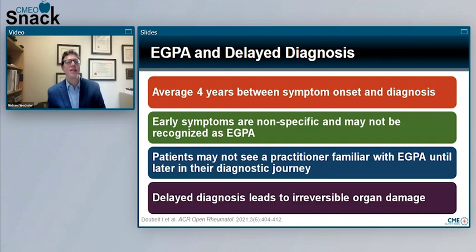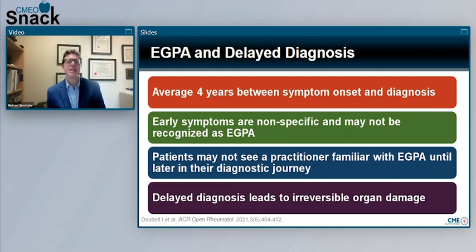Now, one of the things that we hear from patients is that they frequently experience long delays in finding a diagnosis. In general, there can be as long as 4 years between the symptom onset and diagnosis of disease. One of the problems is that early symptoms are often nonspecific. Weight loss, malaise, fatigue, they may not be recognized as EGPA.